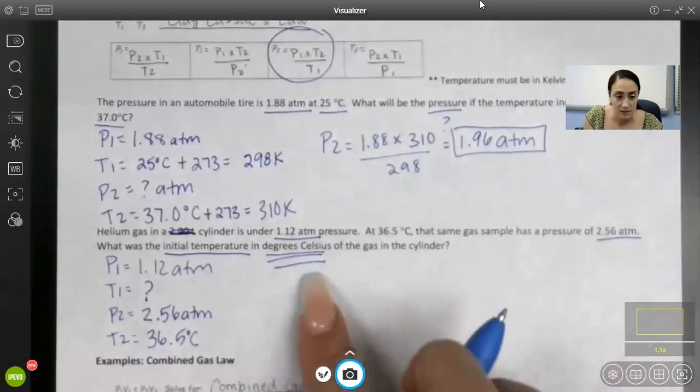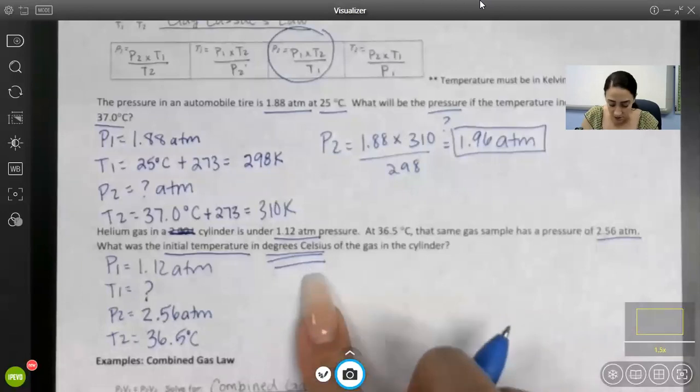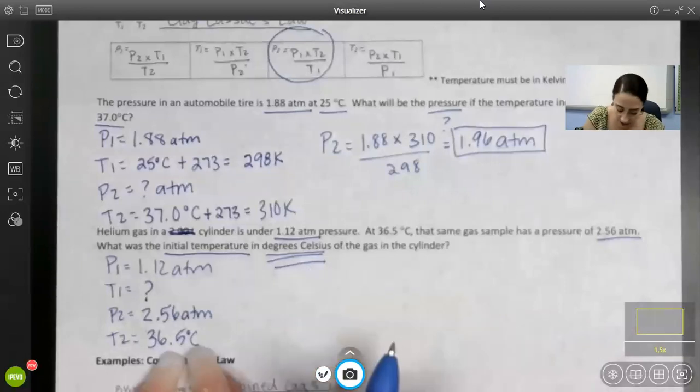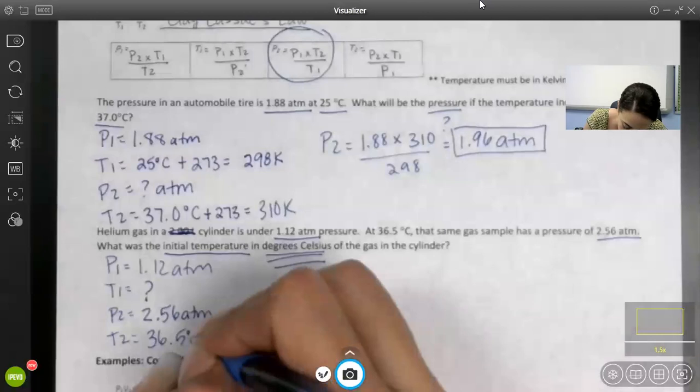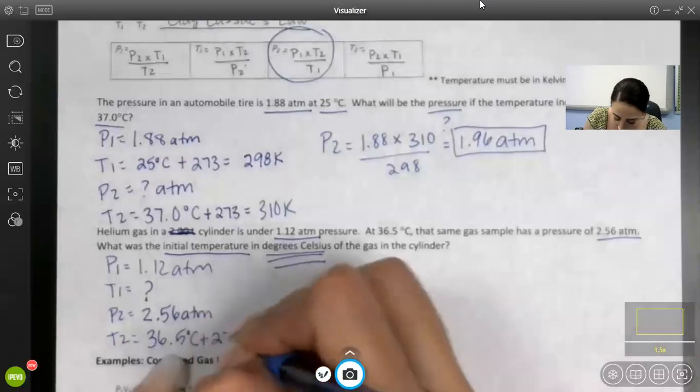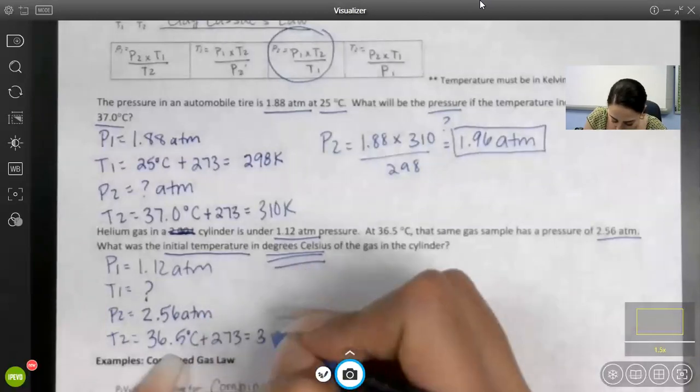Just because your answer needs to be in Celsius doesn't mean you don't have to change to Kelvin. You still have to change this to Kelvin first. So add the 273, and we end up with 309.5.